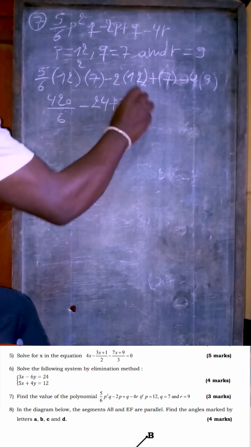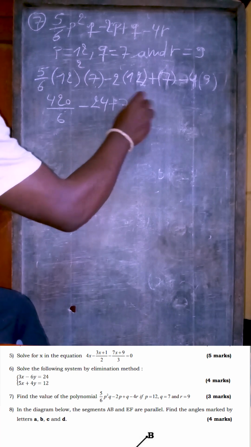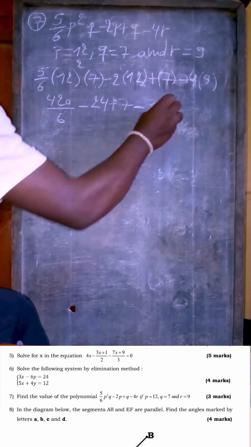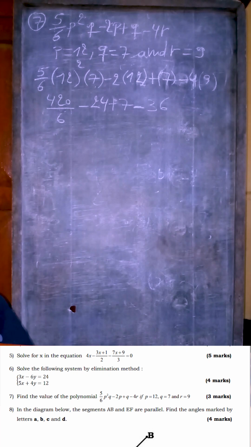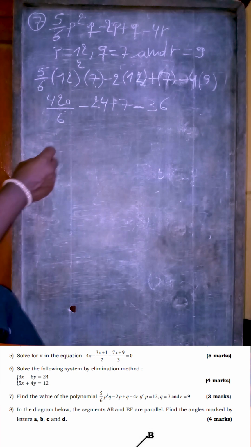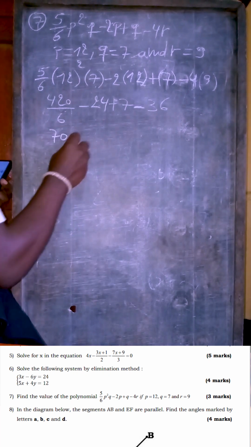Then plus 7 minus 4 times 9 is 36. And then let us do everything. Let us check if 5040 can give us the real value by dividing it by 6. It will be 840. 5040 over 6 is 840.